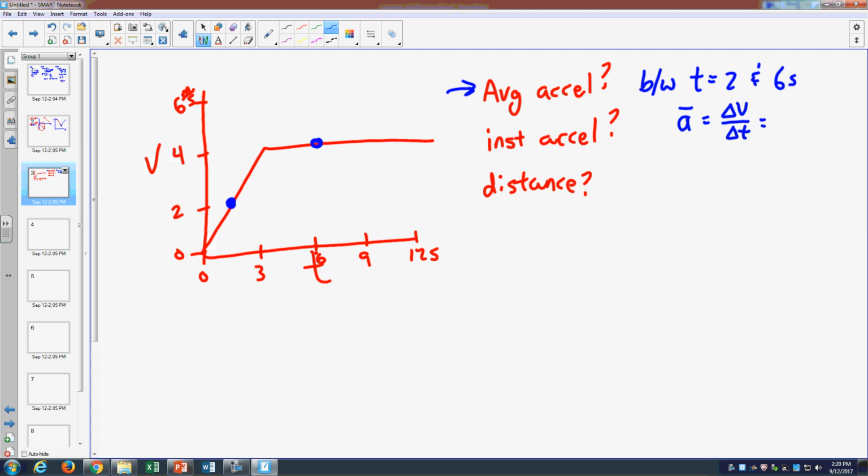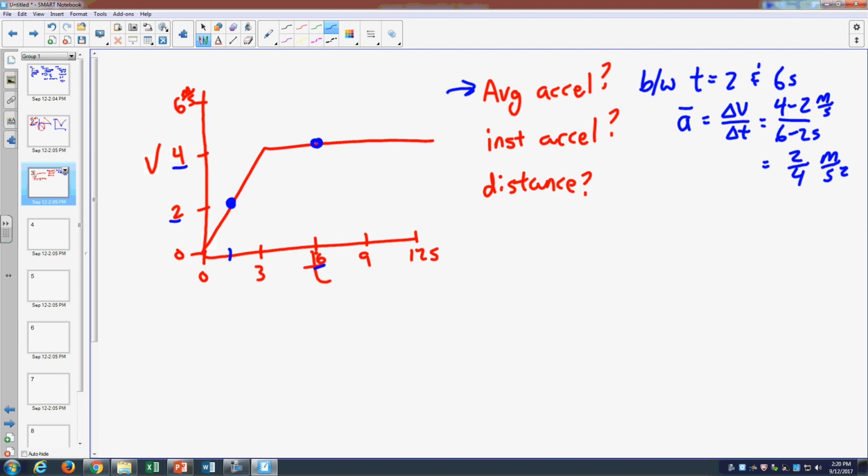So that's going to be Vf minus Vi, 4 minus 2. I got it from here and here, divided by delta t, which is 6 minus 2 seconds. And so that's 2 over 4 meters per second squared. That's one thing that I could ask you.